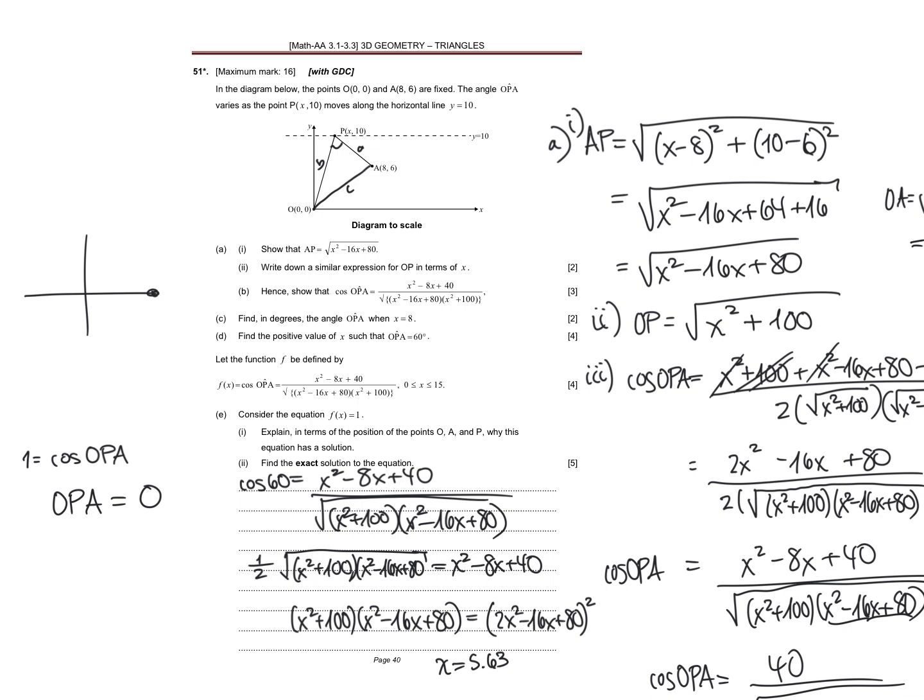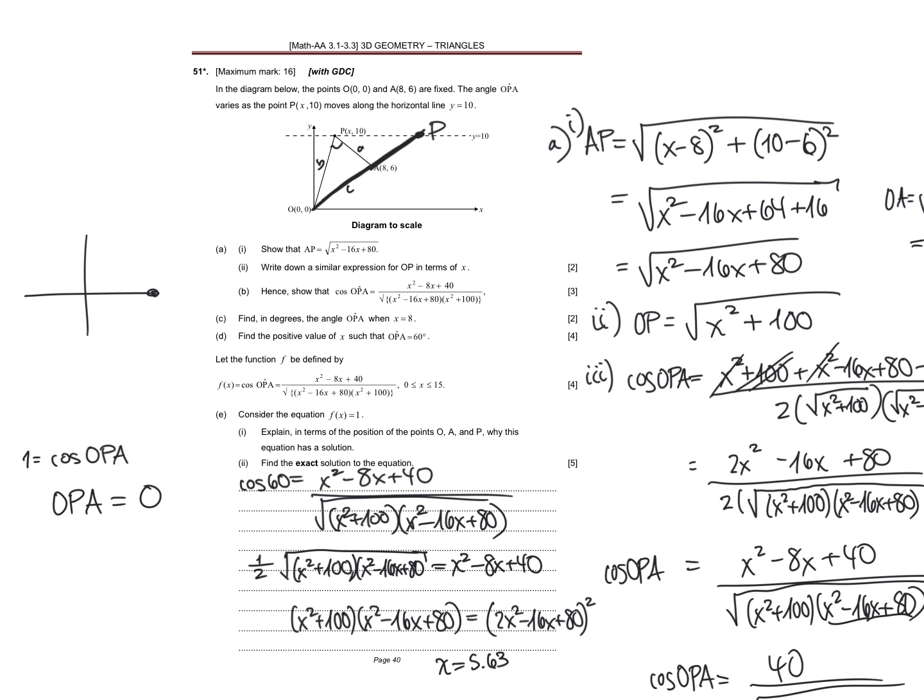So I think that means that P would have to be over here, so that we would have an angle of 0, because it would go like O to P then to A, and angle P is 0.